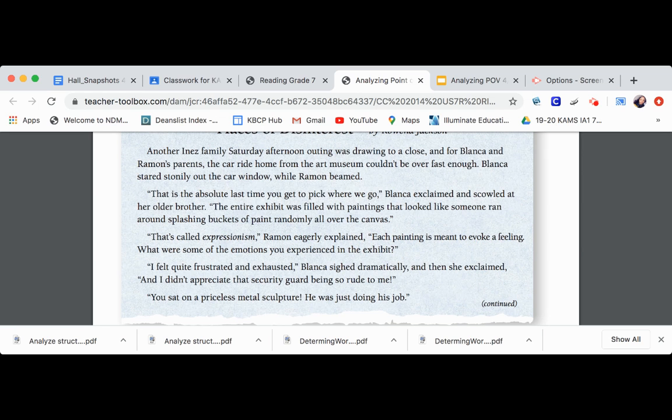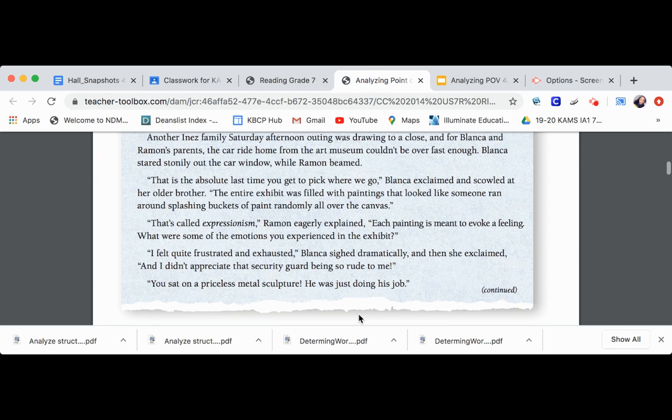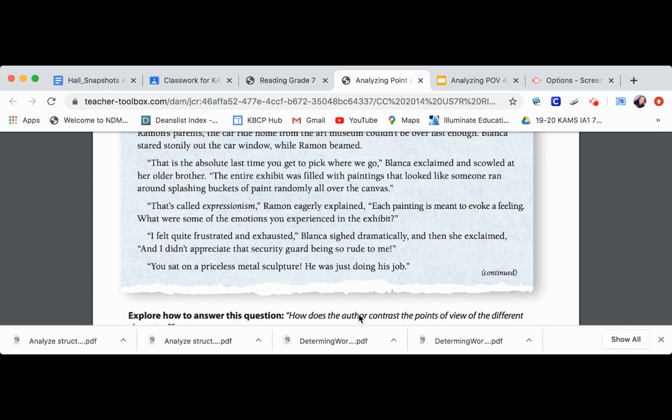"That's called expressionism," Ramon eagerly explained. "Each painting is meant to evoke a feeling. What were some of the emotions you experienced in the exhibit?" "I felt quite frustrated and exhausted," Blanca sighed dramatically, and then she exclaimed, "And I didn't appreciate the security guard being so rude to me." "You sat on a priceless metal sculpture. He was just doing his job."